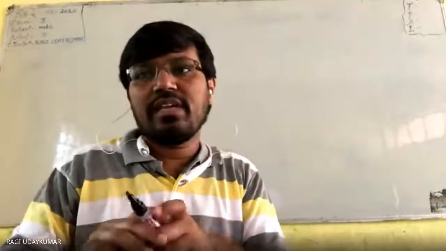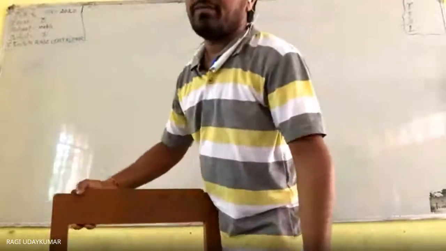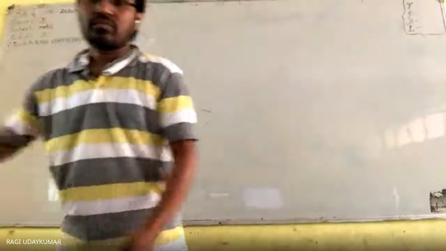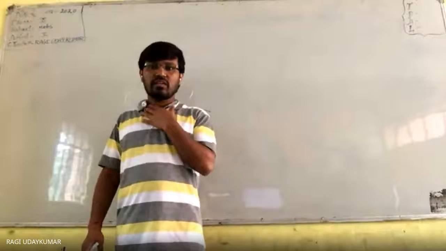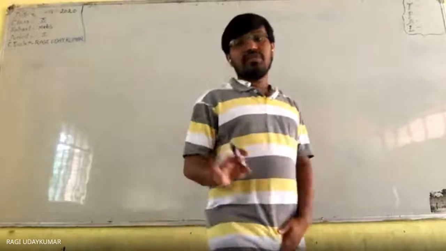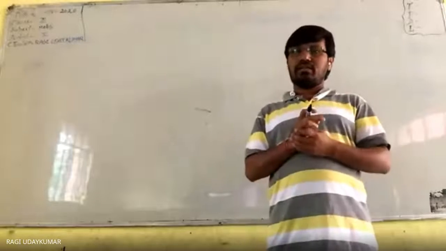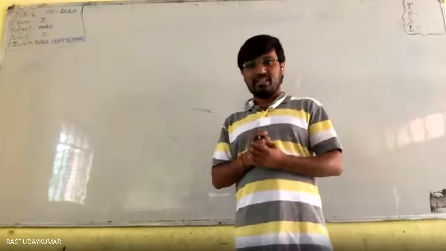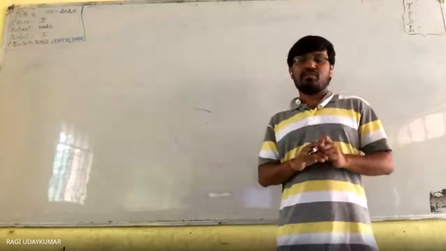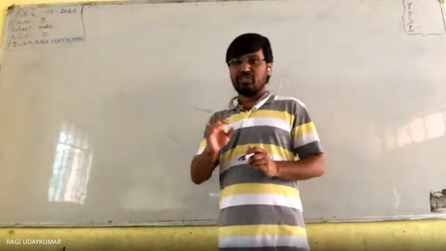Yes, sir. So in the previous class we learned how to solve a pair of linear equations in two variables geometrically. Geometrical solution is nothing but graphical solution, meaning through the graph.